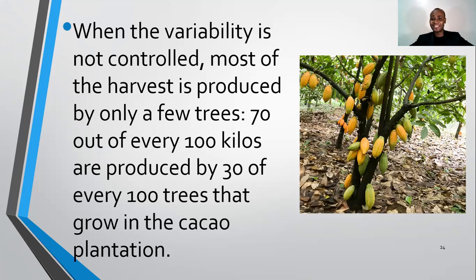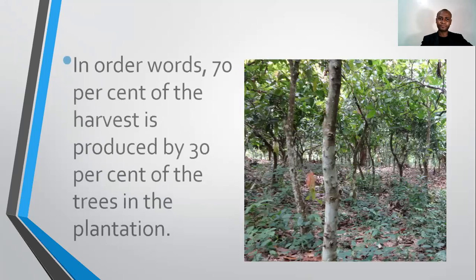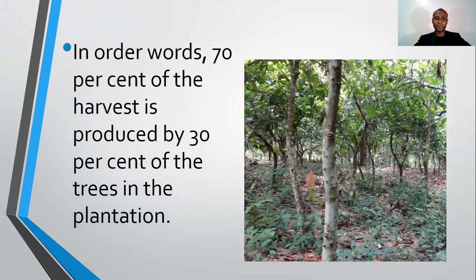The 70% of the trees produce nothing because of variability. In other words, 70% of the harvest is produced by 30% of the trees in the plantation. So if there's so much variability on your farm, this is the problem you are going to encounter.